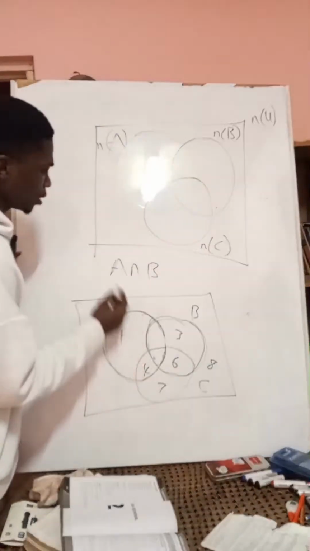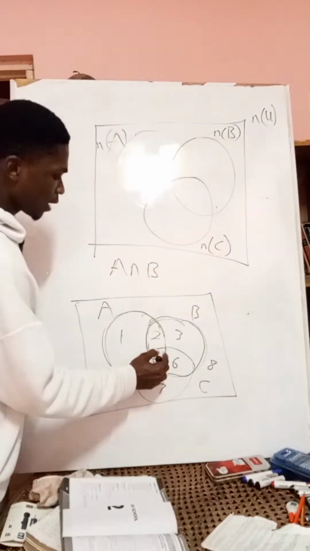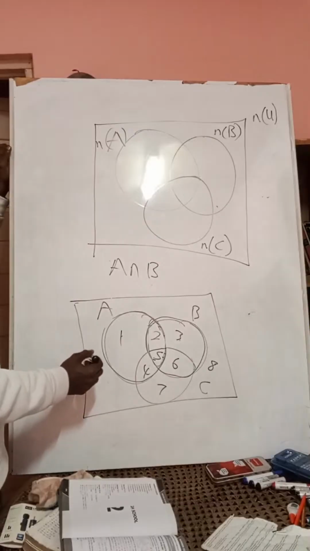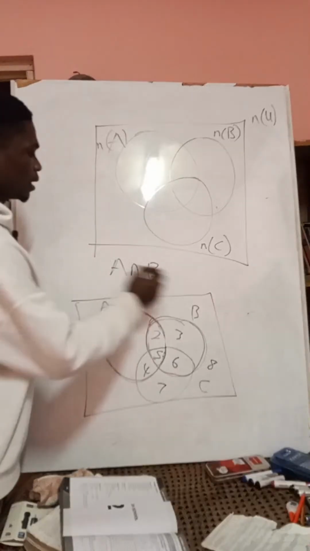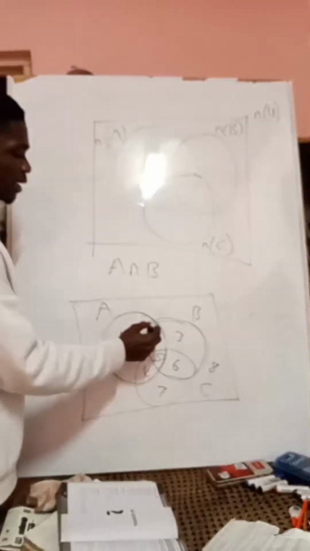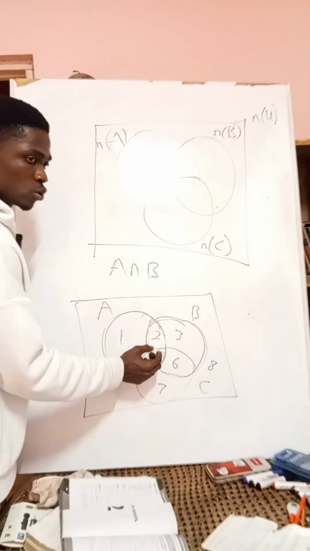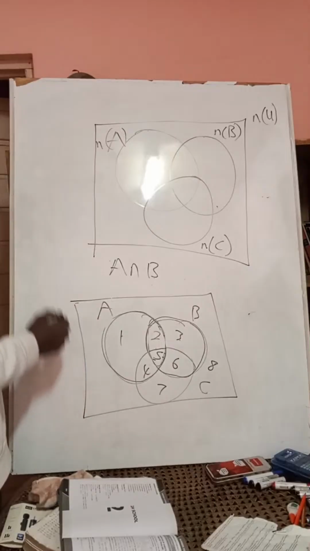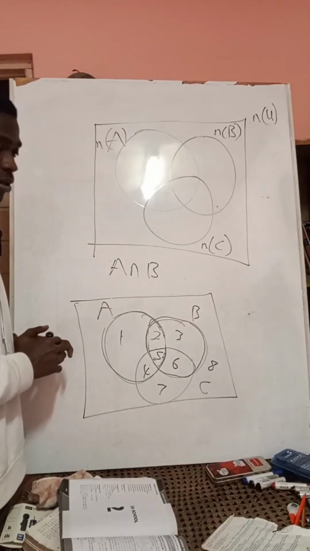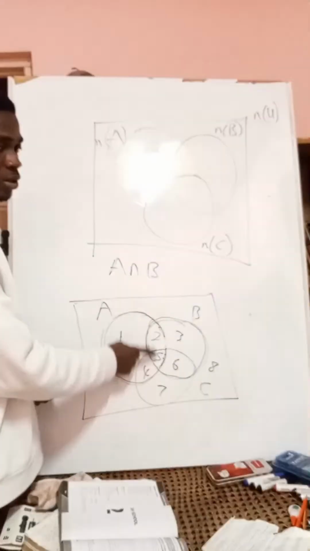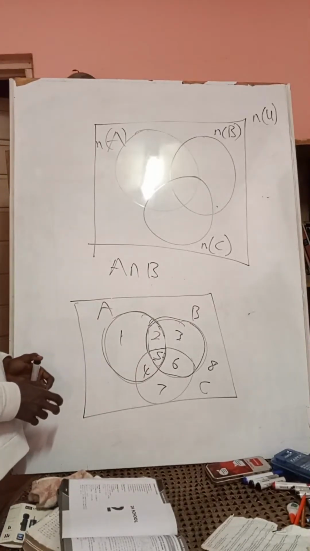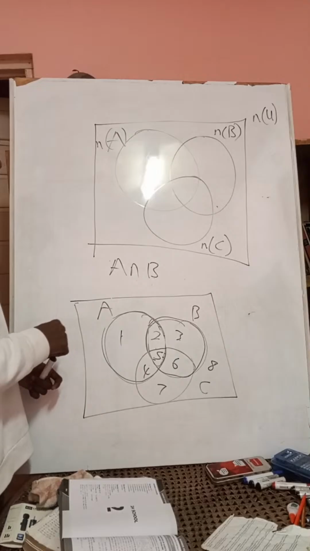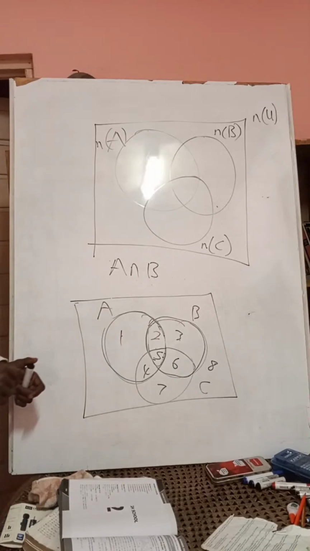A intersection B, without the word only, is region 2 and region 5. Is it clear? Okay, now what is the region between?